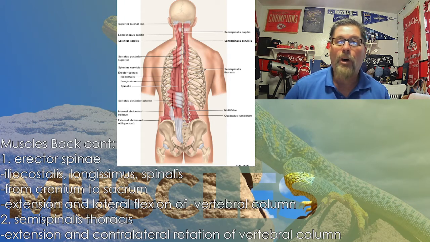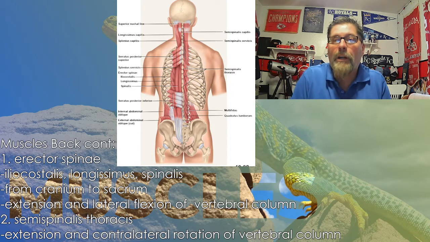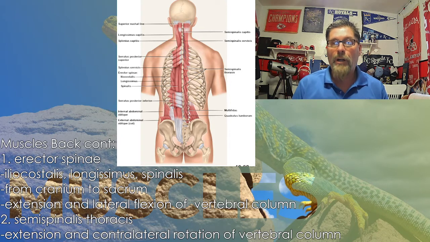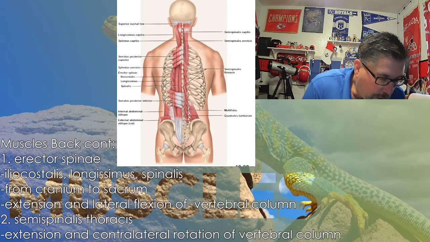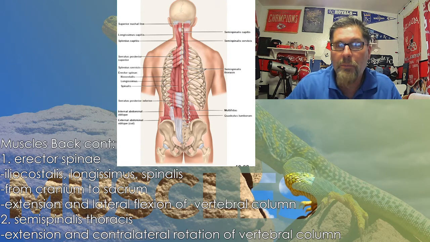So they have long strands, and of course, with that, they can move a little bit with the head. They're part of the attachment to kind of keep the back upright and straight. And of course, when you kind of bend over, kind of stretching it out or whatever, those muscles are certainly a part of that process.